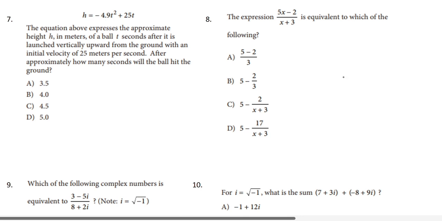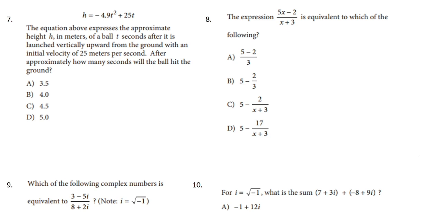For number 7, we have h equals negative 4.9 t squared plus 25t. The equation above expresses the approximate height h in meters of a ball t seconds after it is launched vertically upwards from the ground with an initial velocity of 25 meters per second.